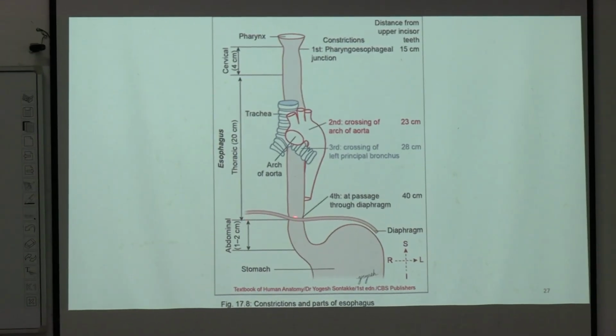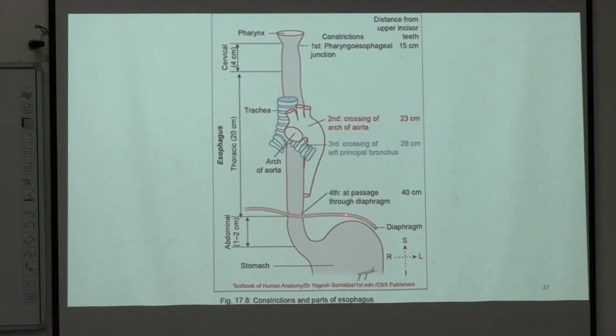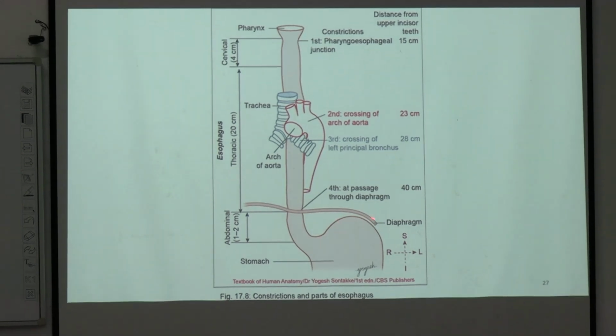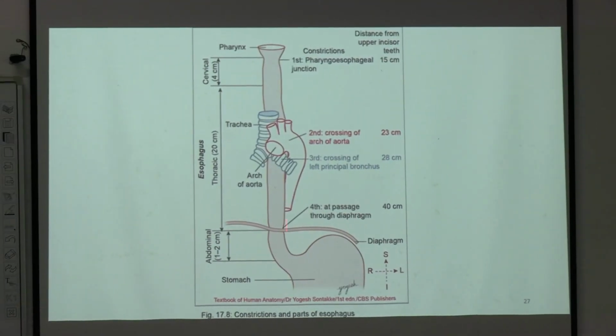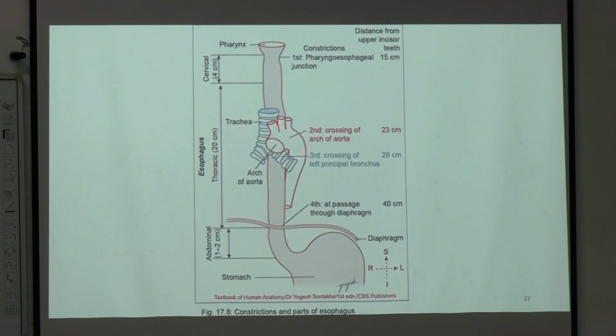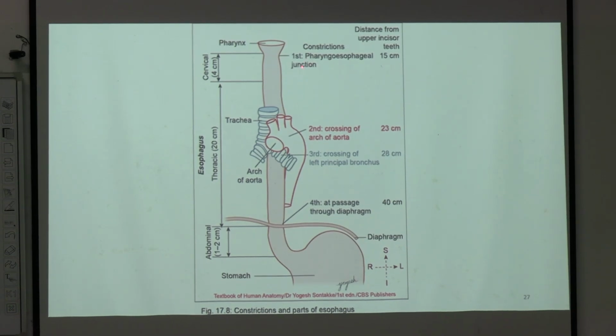Now this is the diaphragm and you can see the cardiac end of the stomach. Now the first is the pharyngoesophageal junction, second crossing of arch of the aorta, third crossing of the left principal bronchus, and fourth passage through the diaphragm.